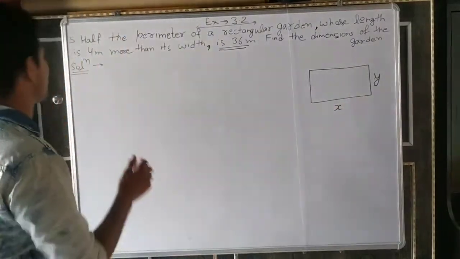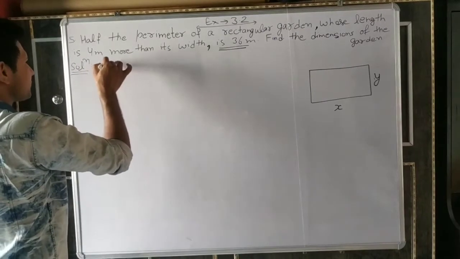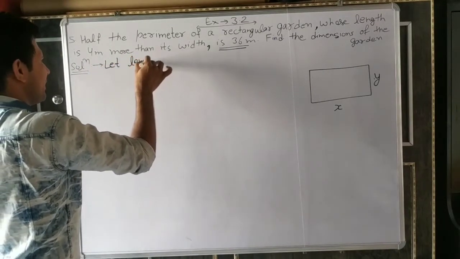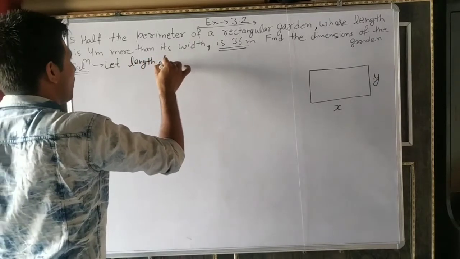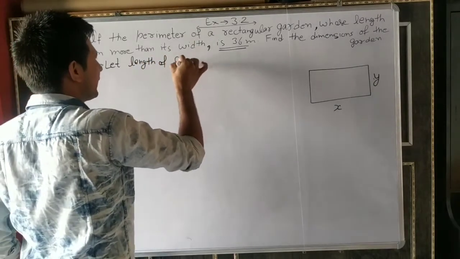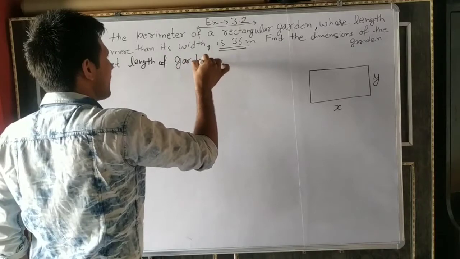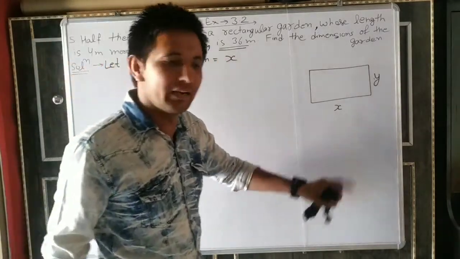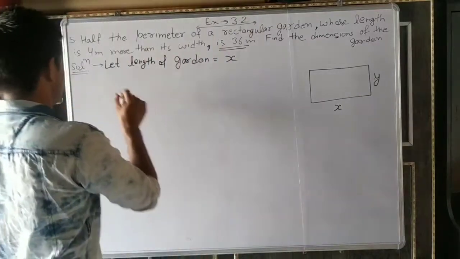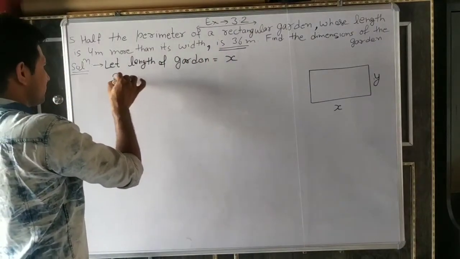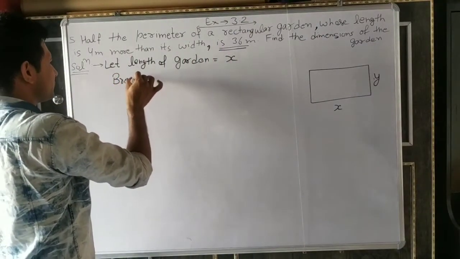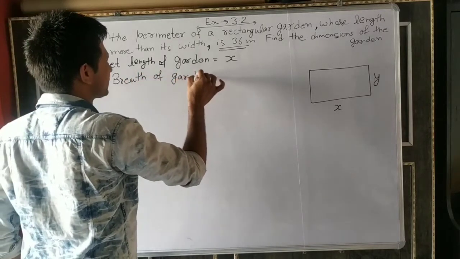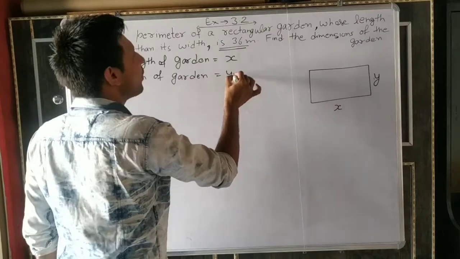So first we will consider, let length of garden be x, and breadth of garden be y.